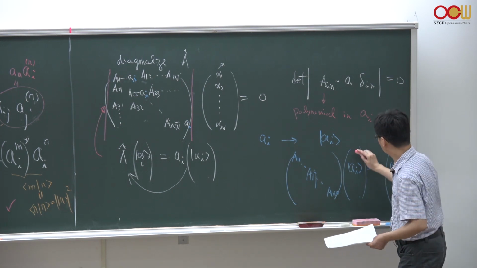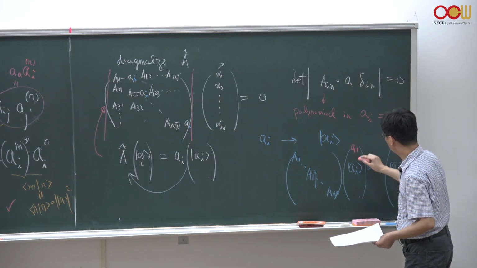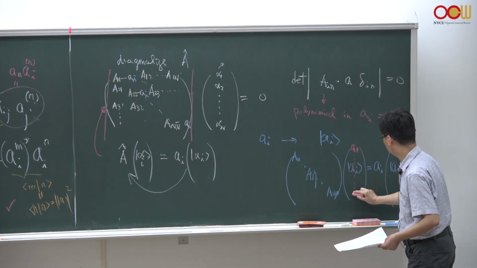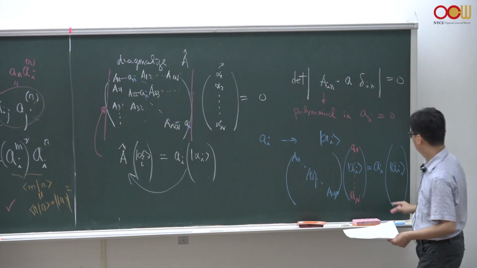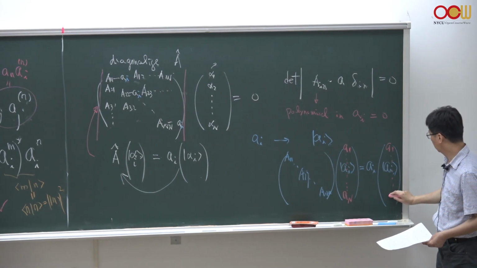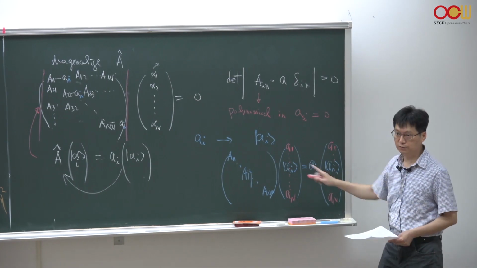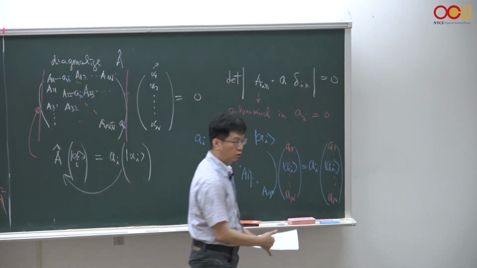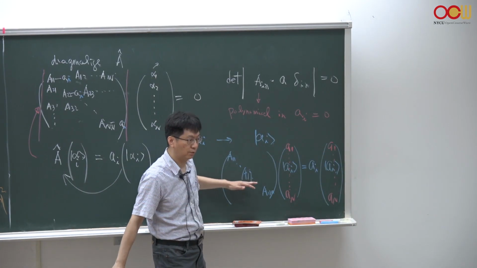Of course, you need to assume all the matrix elements of your eigenket to be from a1 up to an. So then you need to solve all these linear equations, n coupled linear equations.